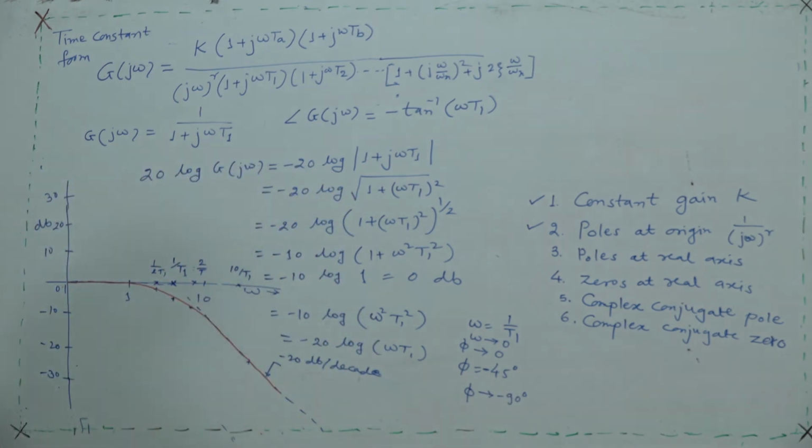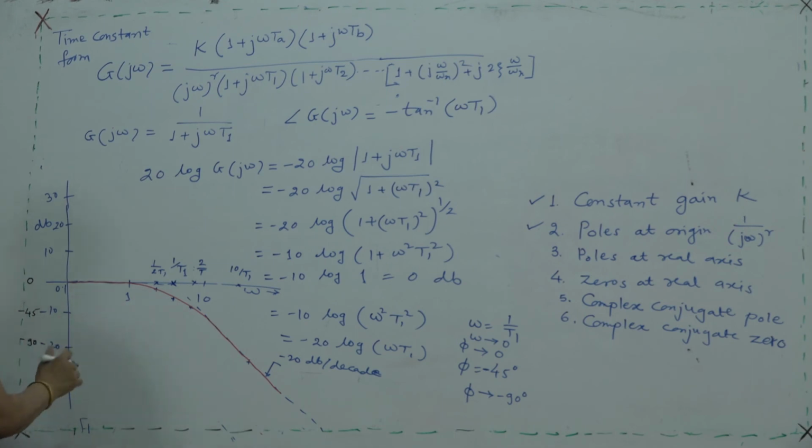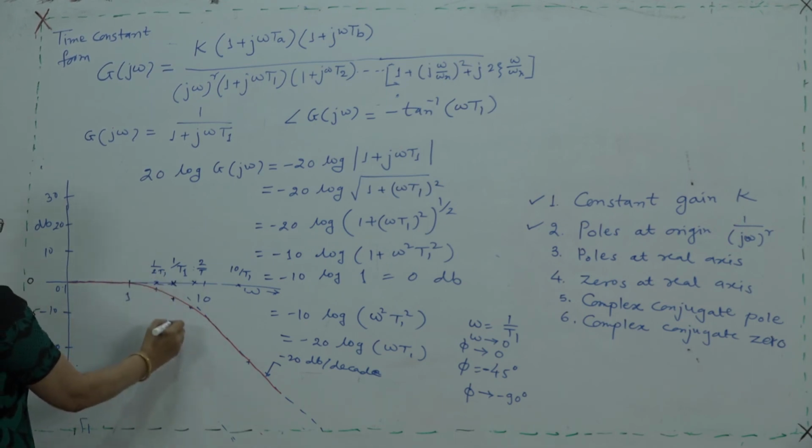So, how will you draw the phase plot here? Consider the angles now. This is 0, this is minus 45 and this is minus 90 degrees. At 1 by T, the angle is minus 45. So, I will just represent the point.